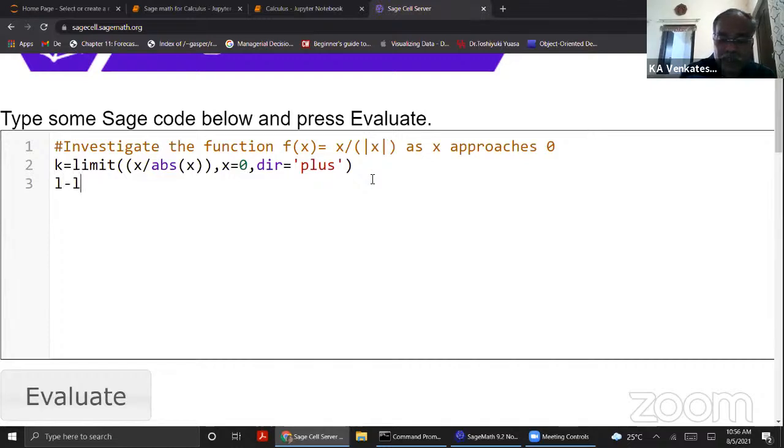L equal to limit x by abs of x, x equal to 0, direction minus. Now I want both values. So instead of the equal sign, I can put it within square brackets, k comma l, and it will print as a list.